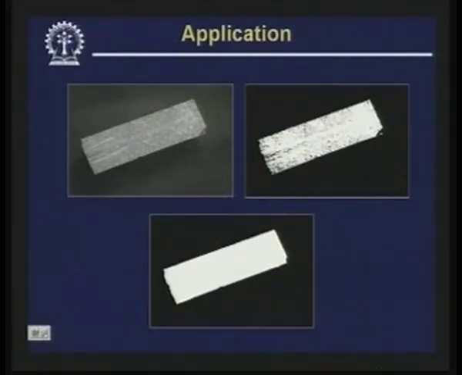Here you find that within the white region, which is supposed to belong to the object region, we have a number of black dots. We consider these black dots to be noise. This noise can be filtered by morphological operations, and the filtered image that we get is shown on the bottom. We will see through our discussion today and our subsequent few lectures how such a filtering operation can be done by using mathematical morphological techniques.